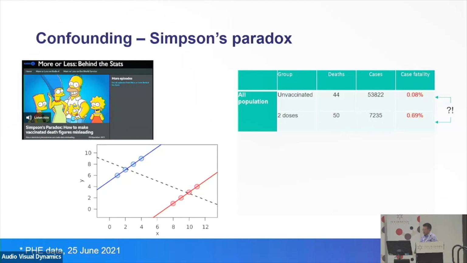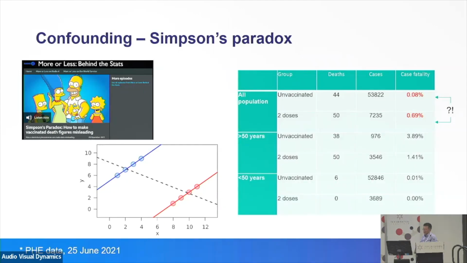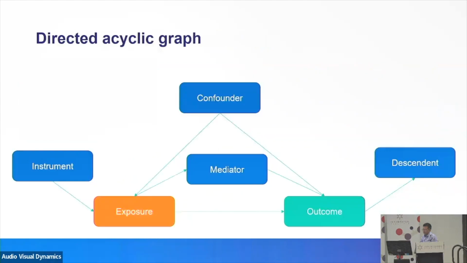But of course, the explanation is that there's very strong confounding by age, and we were vaccinating people who are older. Once you stratify by age, then you can see these very strong protective effects. This is a very good illustration of Simpson's paradox in epidemiology.